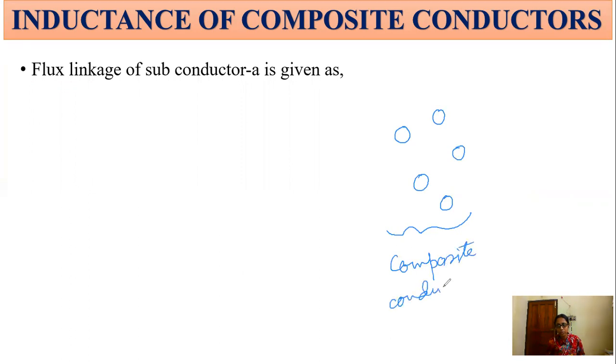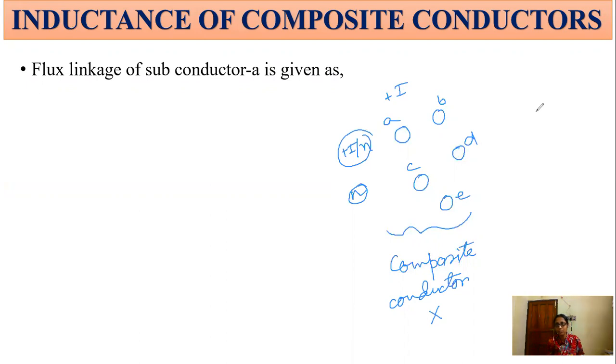This one is composite conductor X carrying current plus I, and it consists of n number of stranded conductors. If all the subconductors carry equal current, then the current flowing through each subconductor will be plus I by n.